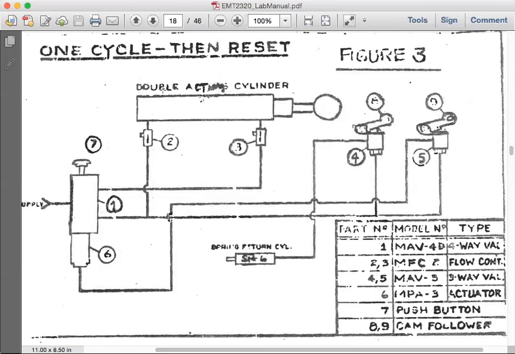Before I do that, I want to talk about what's the purpose of the flow controls, number 2 and number 3, and what they control. Since you see that the arrow points down for number 2 and the same down for number 3, you see the direction of the controlled pressure of number 2 is only from the top to the bottom.